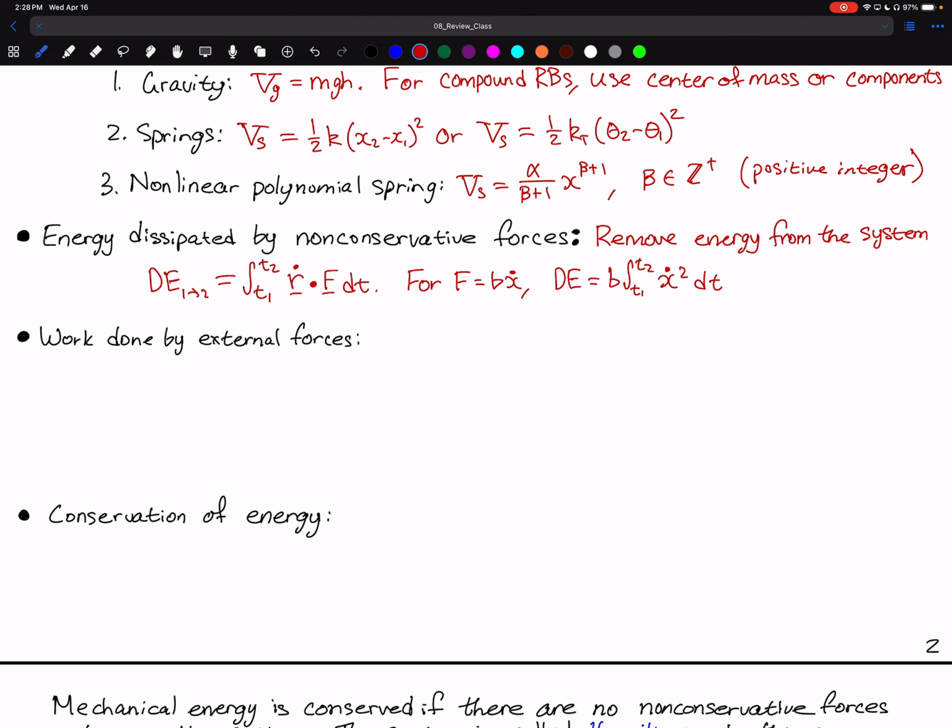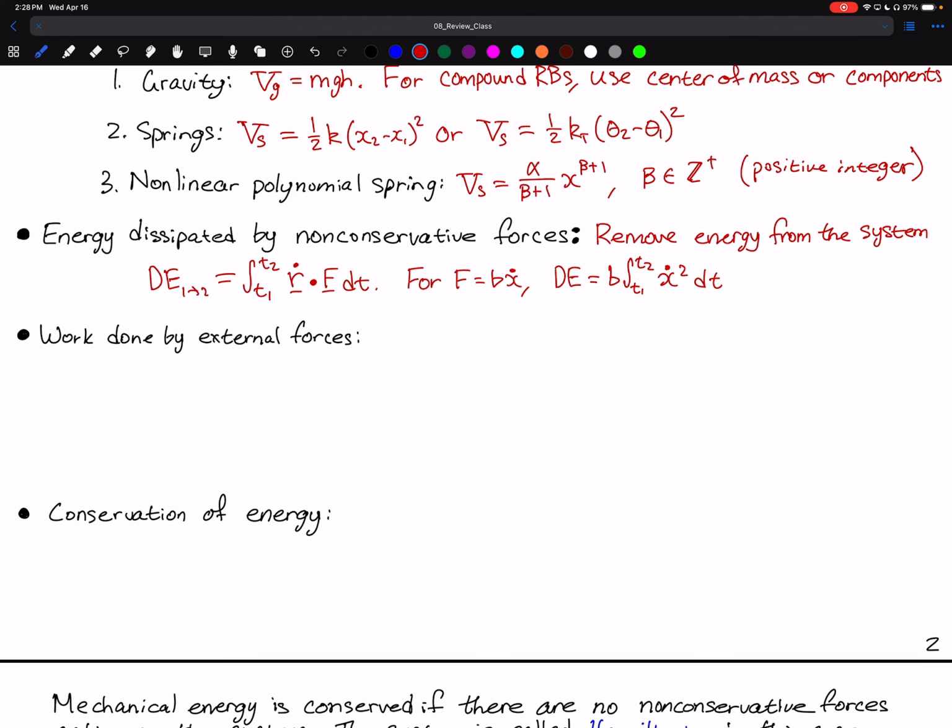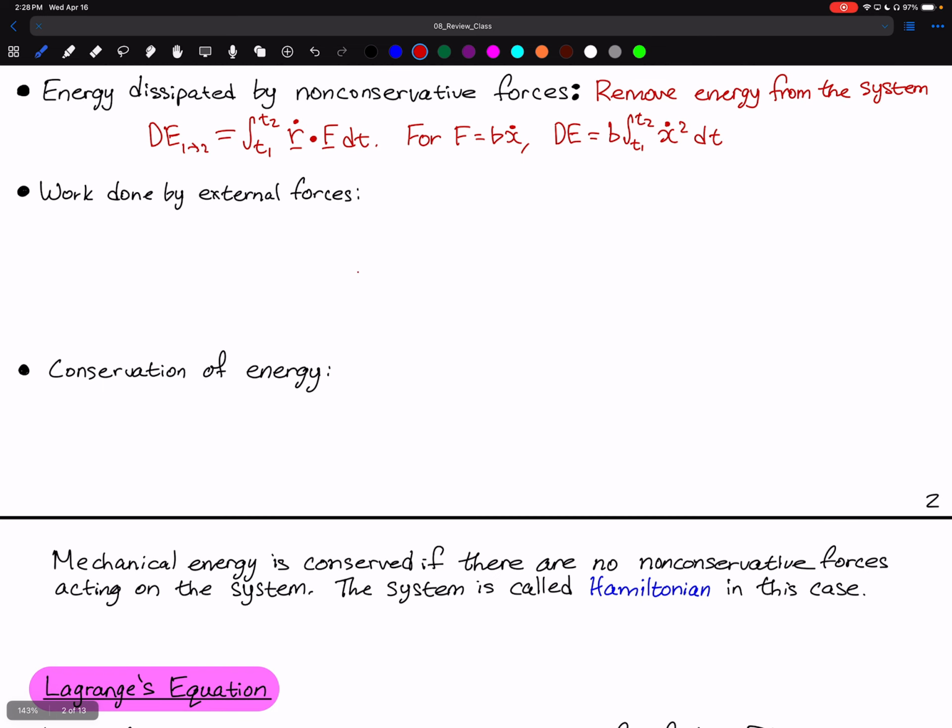All right, let's take a look at the work done by external forces. These are generally going to add energy to the system, though you could tune your external force in a way that it could remove energy as well. But in general, they're going to add energy.